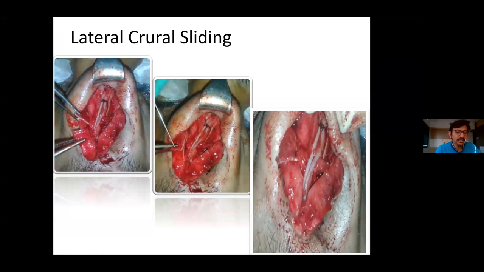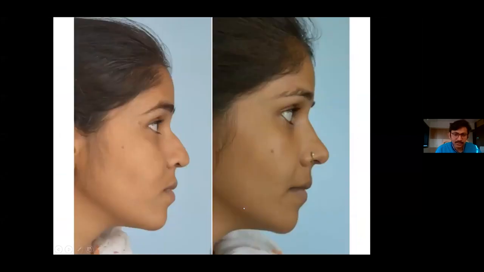So even to equalize, sometimes you may have to do the same technique of lateral crural sliding. You may have to shorten this, and we could control her tip width from 2 centimeters to 8 millimeters.